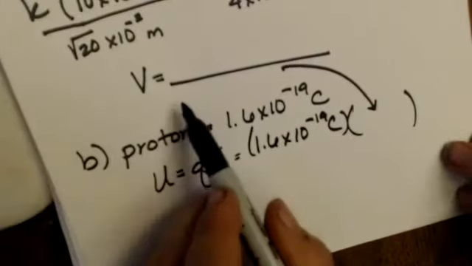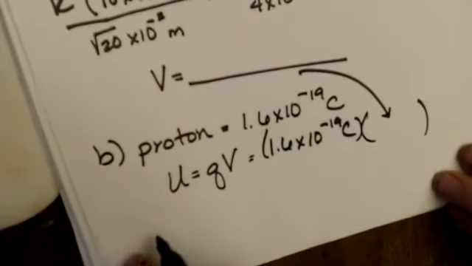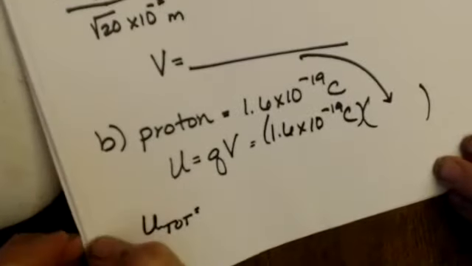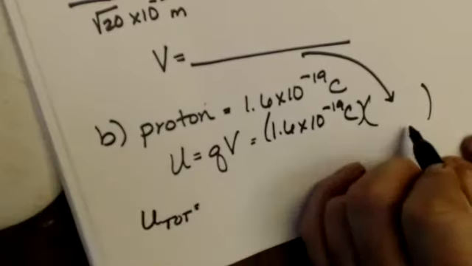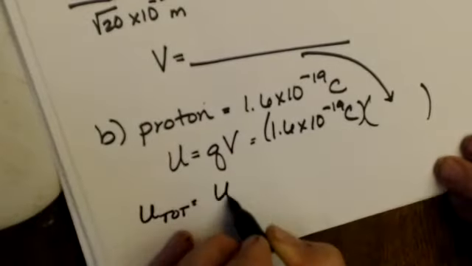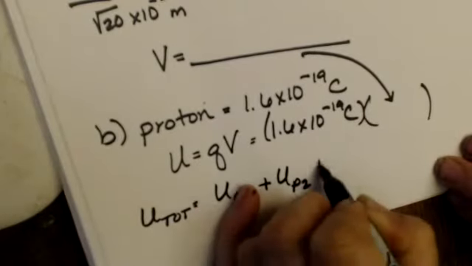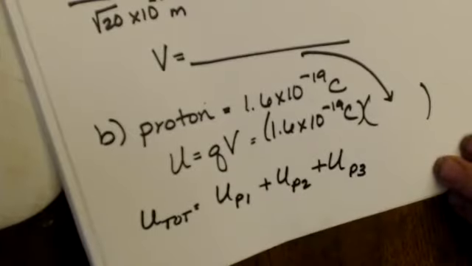If I had not done part A, what I would do is add up the potential energies of the proton paired up with the other 3 charges. I could say it's U of the proton in 1 plus U of the proton in 2 plus U of the proton in 3, right?